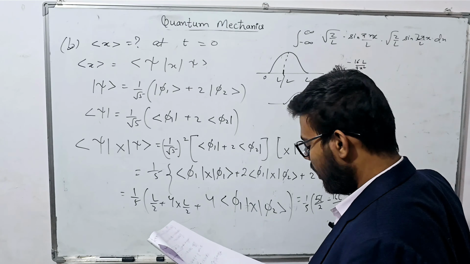I hope you are understanding how we have calculated, and since it is a multiplier of 4 also, you get L by 2, this 4, this 4, minus 64 by 45 L by pi square. And this is the expectation value at t is equal to 0, right?